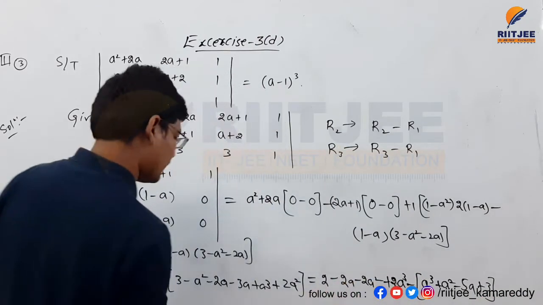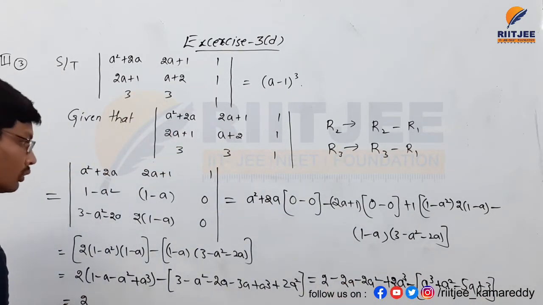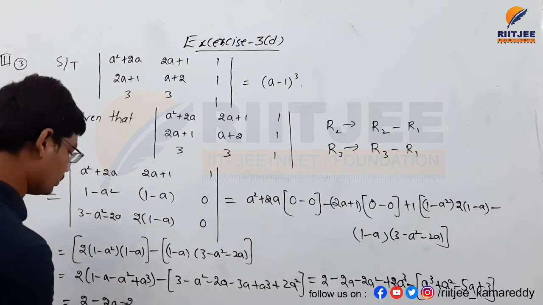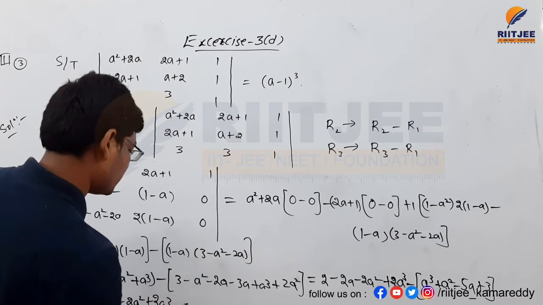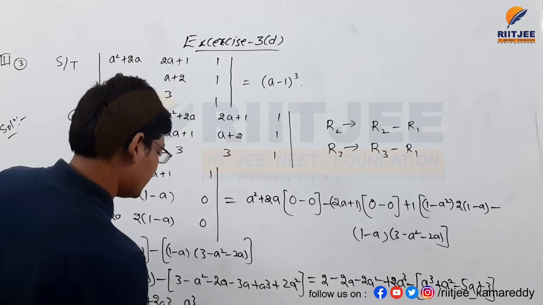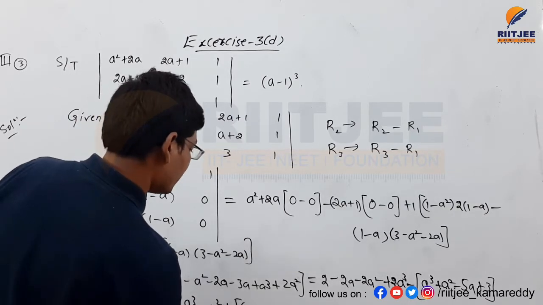So now multiply the minus here: 2 minus 2a minus 2a square plus 2a cube minus a cube minus a square plus 5a minus 3.